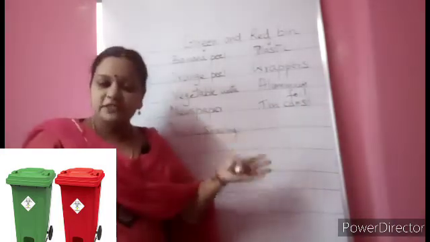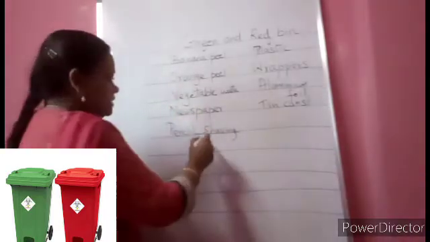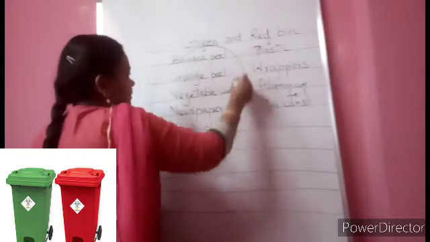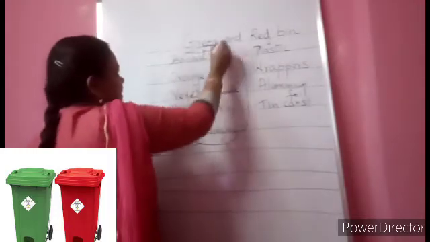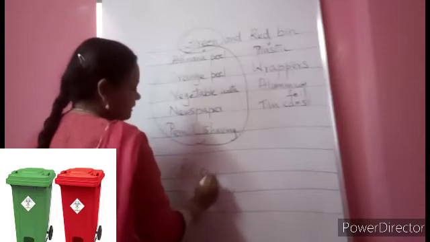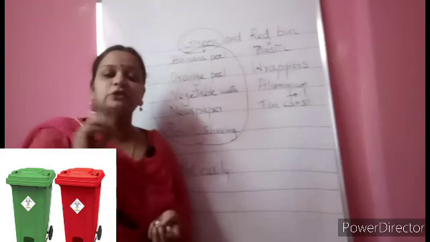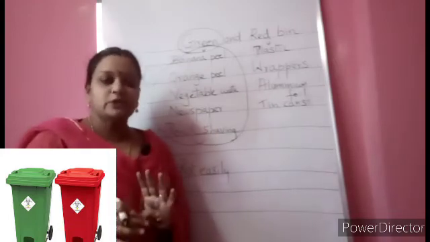Among the waste, some of them will rot easily. Why are we keeping a separate bin, the green bin? Because they rot easily. That means they will spoil easily, and when they are thrown in the soil, they will mix with the soil.